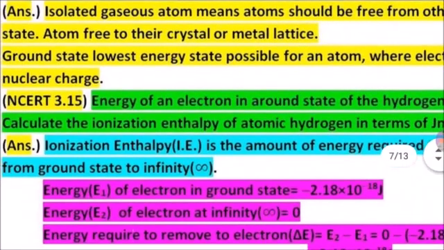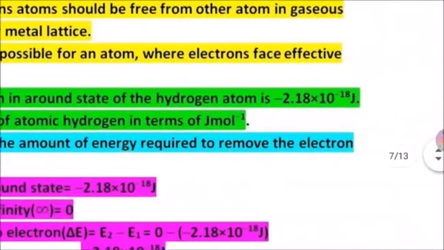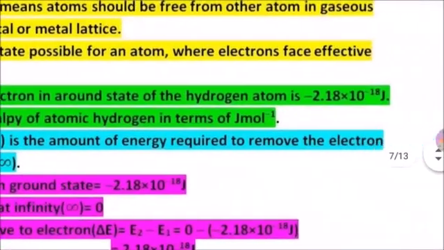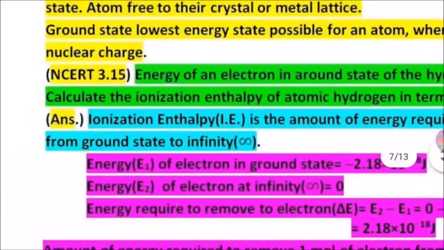So it is free to lose the electron easily because it is not bound in a crystal lattice system. The crystal lattice system we will also discuss in our next chapters, and also in class 12th, it is a big topic in the solid state chapter. The ground state is the lowest energy state possible for an atom, where electrons face the effective nuclear charge.